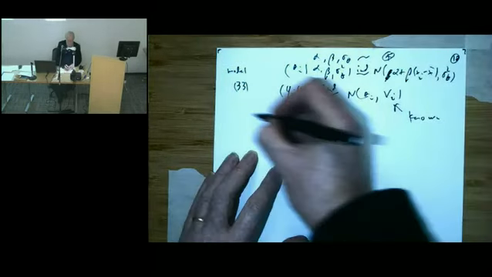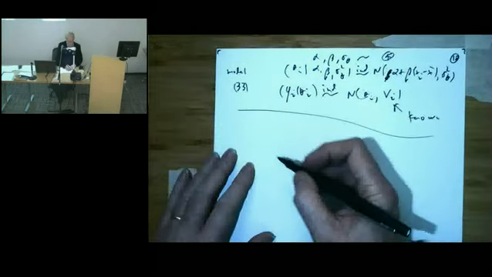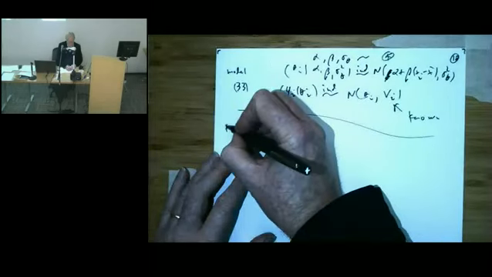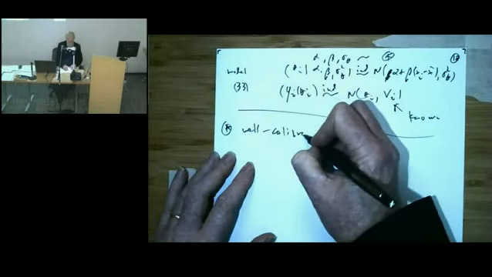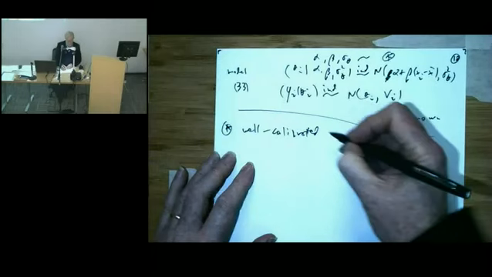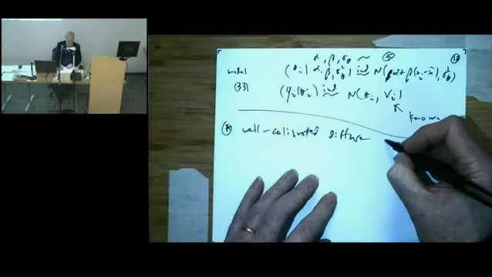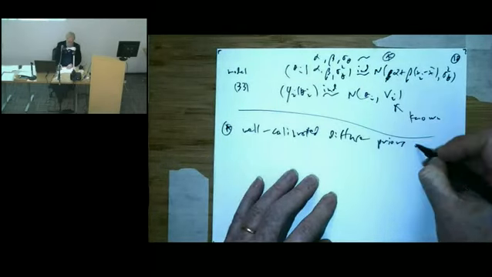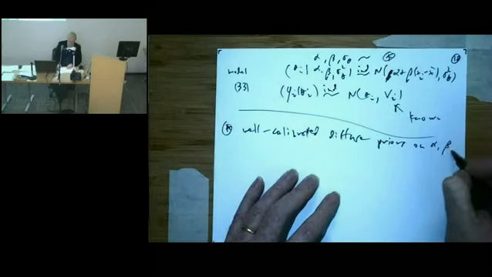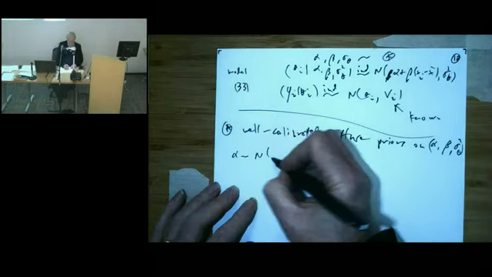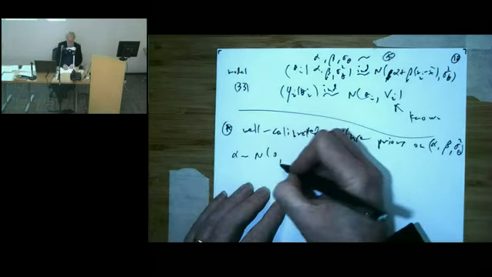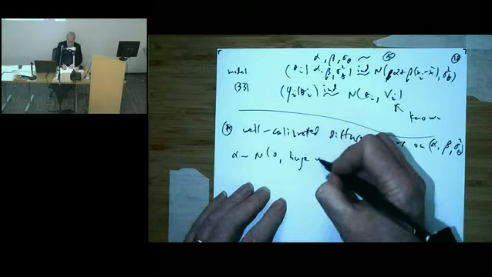And so basically what I wanted to summarize was the research consensus is the following: well-calibrated diffuse priors on alpha, beta, and sigma squared or sigma theta. Namely, alpha normal with mean 0 and huge variance.